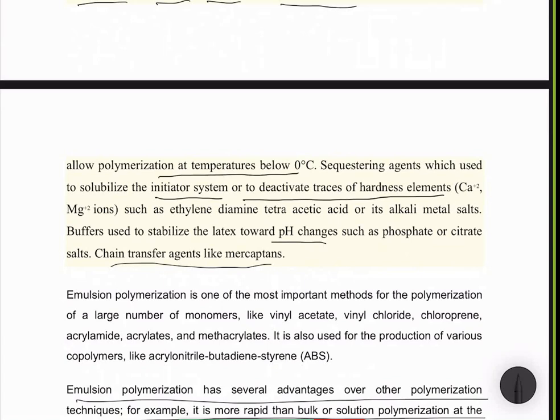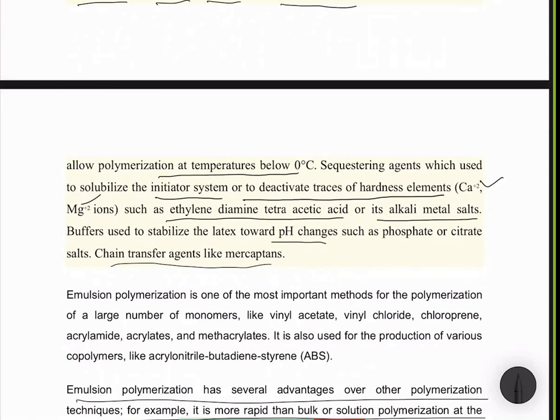So sometimes EDTA, ethylenediaminetetraacetic acid, or its alkali metal salts can be used such that they form chelates with these calcium and magnesium ions, and deactivate them from intervening in the polymerization by changing the ionic strength of the medium.